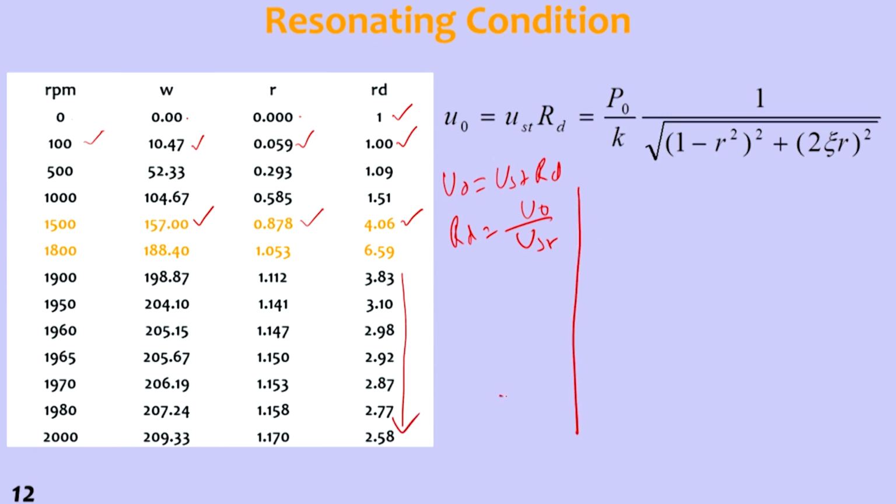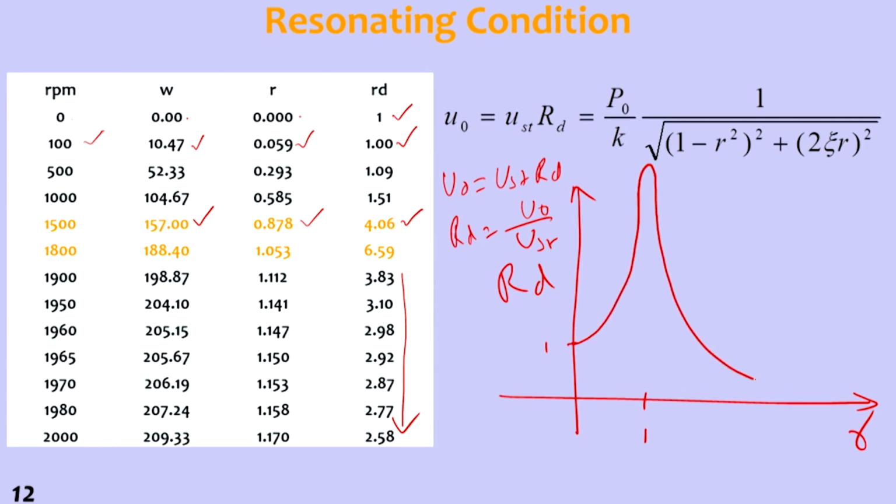So if we plot the frequency ratio r against Rd, the resonating frequency is at 1, and this is the static deflection. Rd is u0 by u_st. At static, it is 1, then it goes up like this, and suddenly it comes down like this.